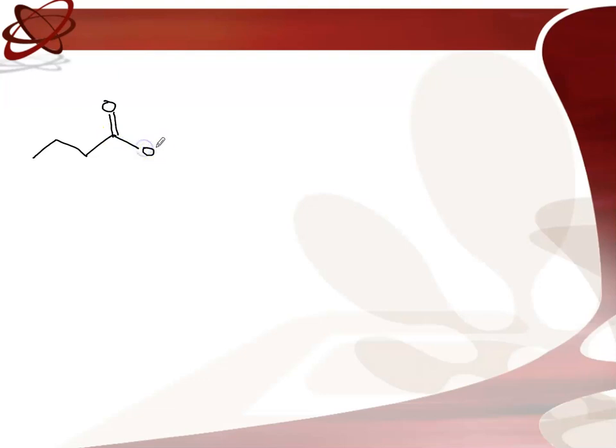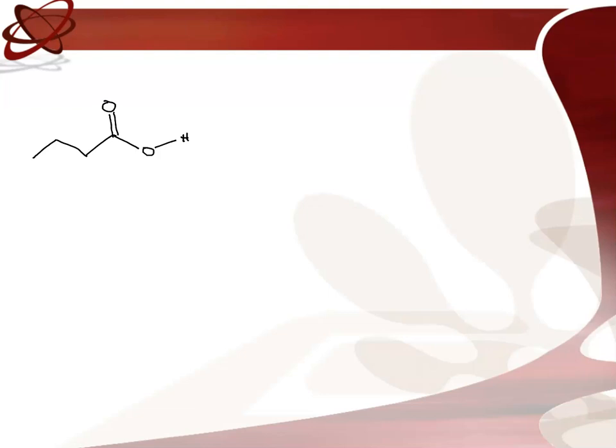And a carboxylic acid is a carbon-containing compound where we have a carbon that is double bonded to an oxygen, single bonded to a second oxygen, which then has a hydrogen attached. And it is this hydrogen that can be easily lost for this to act as an acid.